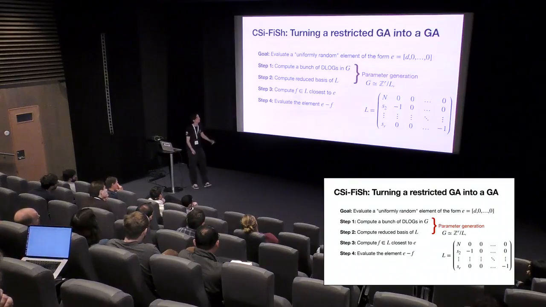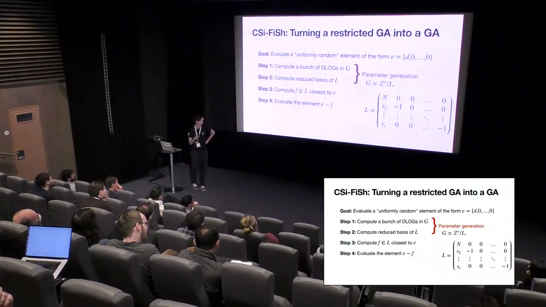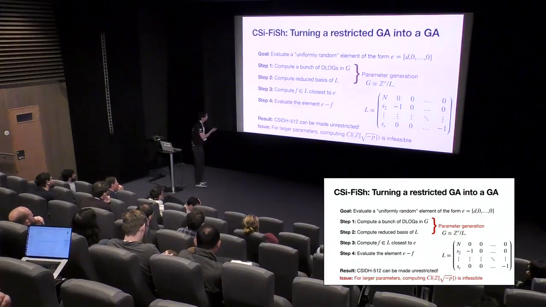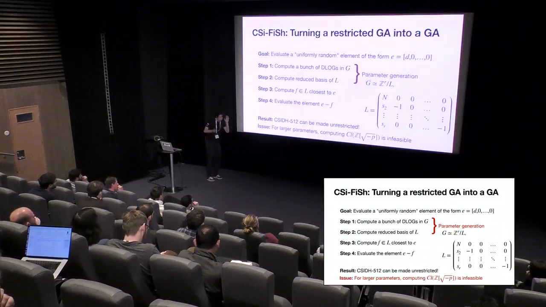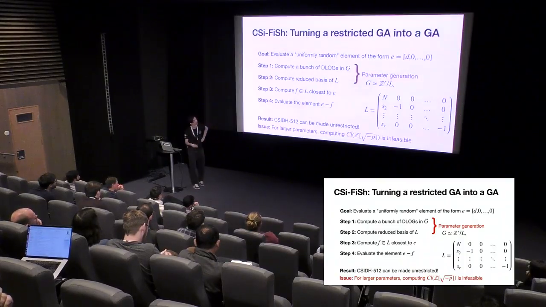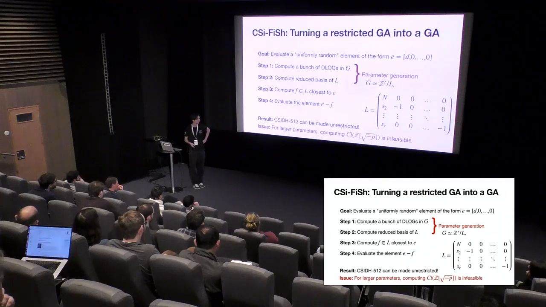So instead of evaluating e, you evaluate e minus f, which has small norm because it's the CVP solution. The effect of this is indeed that CSIDH for the lowest considered parameter set can be made unrestricted, so you can use it as a proper group action for this specific parameter set.